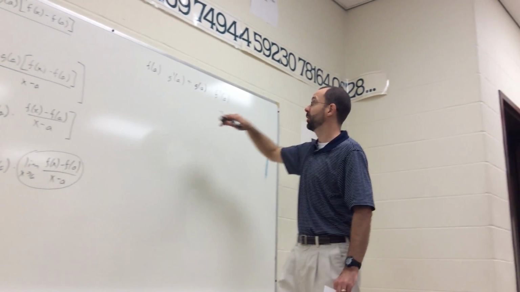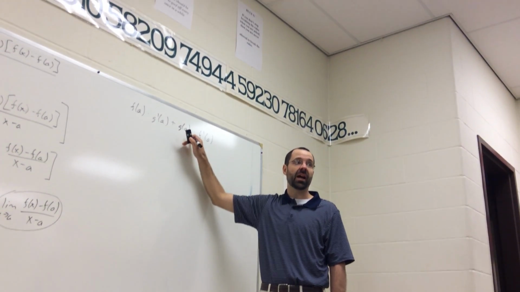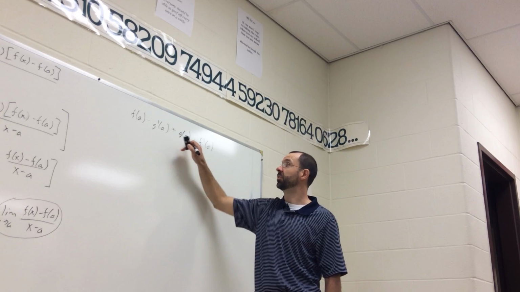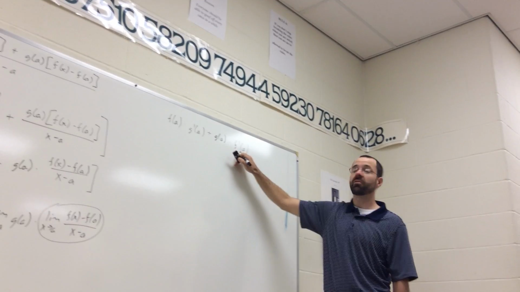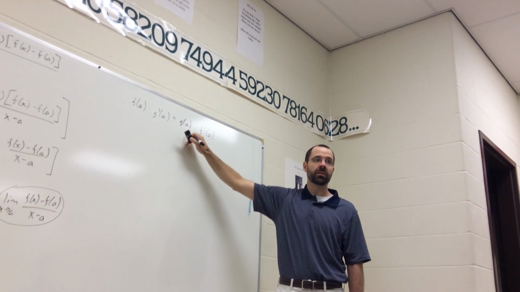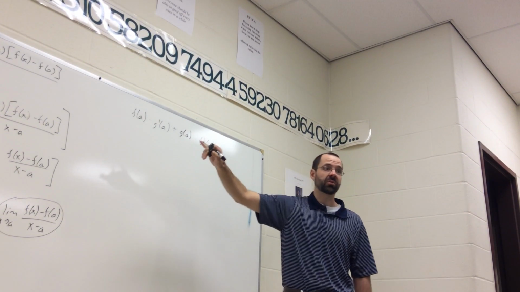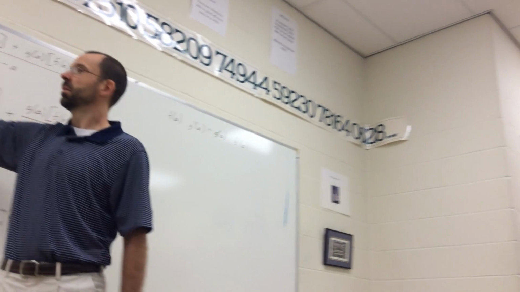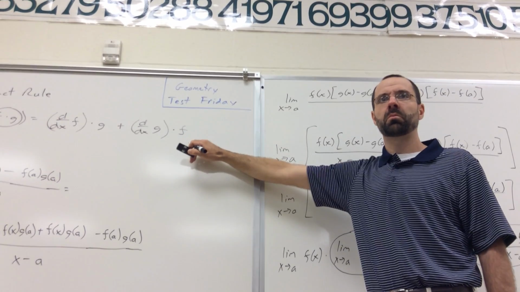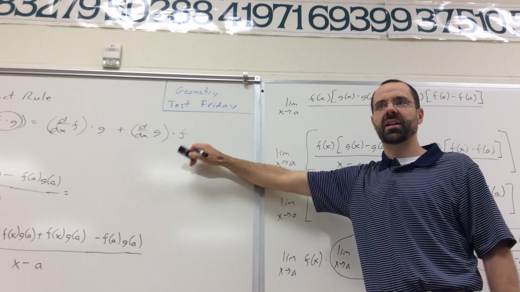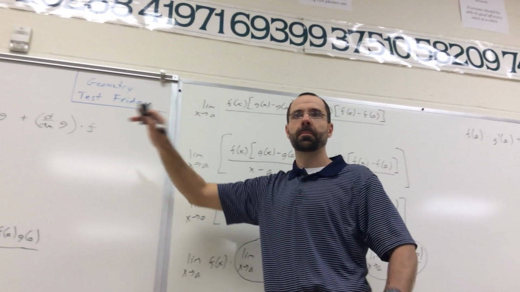Okay, so I've got my final answer as the derivative of g times regular f plus the derivative of f times regular g. And that's the product rule over here. Switched around a little bit, right? But it doesn't matter because I can switch across a plus sign, right?